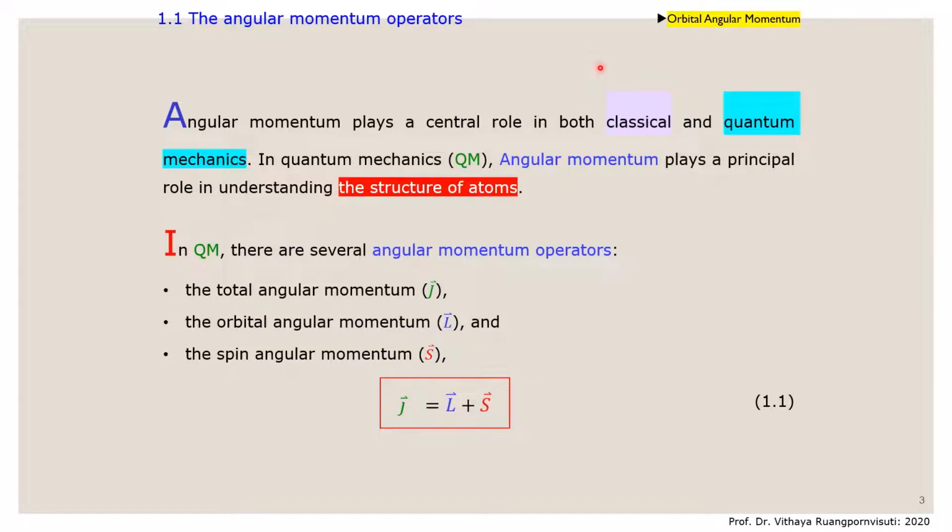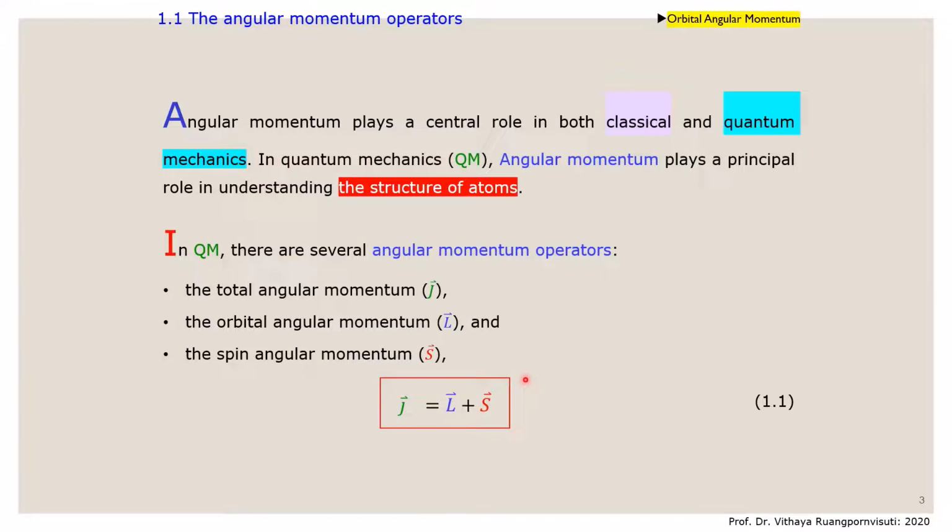As I mentioned, there are 2 types of angular momentum. The first one is the orbital angular momentum. The second one is the spin angular momentum. We use the L and S symbols respectively.